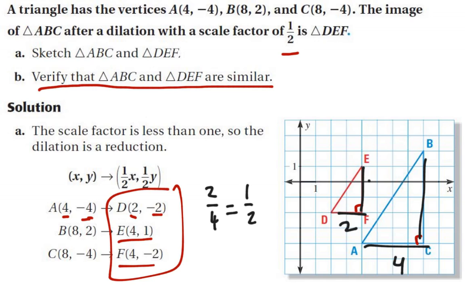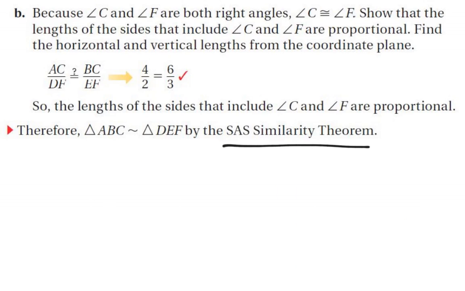So we look at that and we see that this side is 3 and that side is 6, and 3 over 6 also reduces to 1/2. So the corresponding sides and the angle work for proportional sides and congruent angle. So we've got the side angle side similarity theorem going on. Okay, and here's the work that they've done to verify that 4 over 2 is the same as 6 over 3. And really, both of those should reduce to the scale factor, which they do.